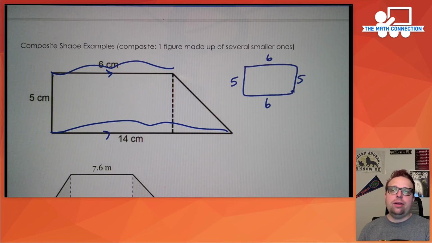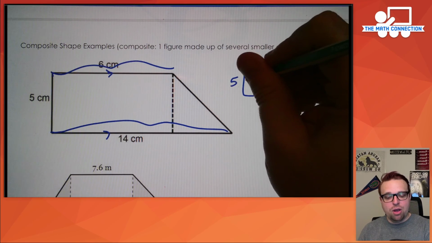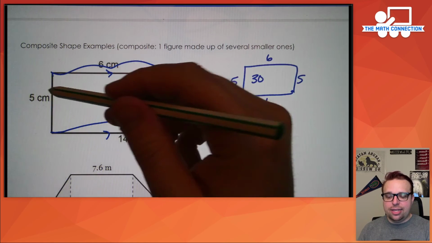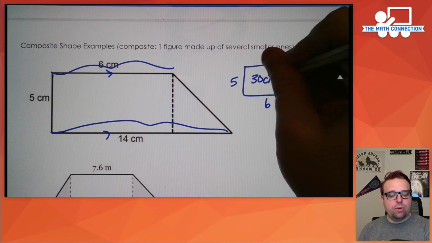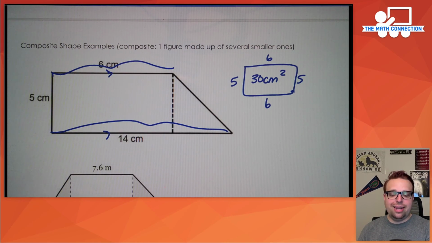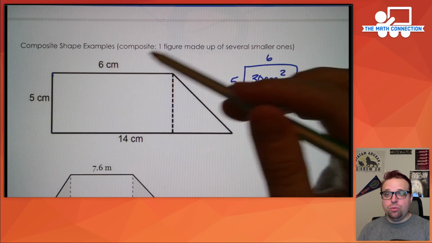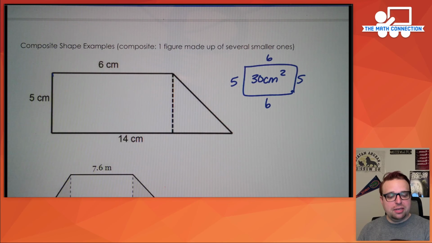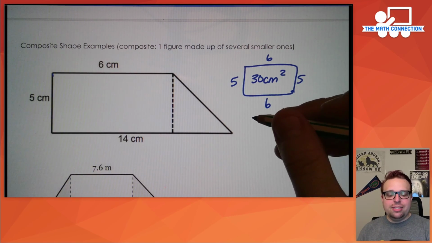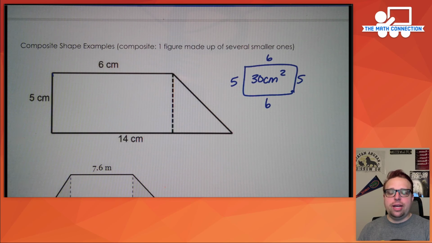So how do you find the area of this shape? It's just base times height, so 6 times 5, which is 30, and it's centimeters squared because it was in centimeters and it's an area. Okay, so let's go ahead and we will do the next part. We'll do it in orange, why not? We need to find some information here, right?